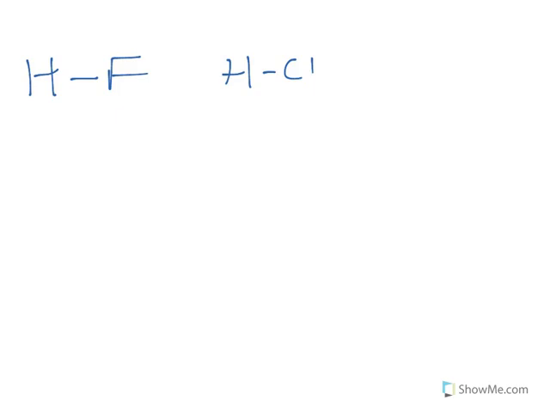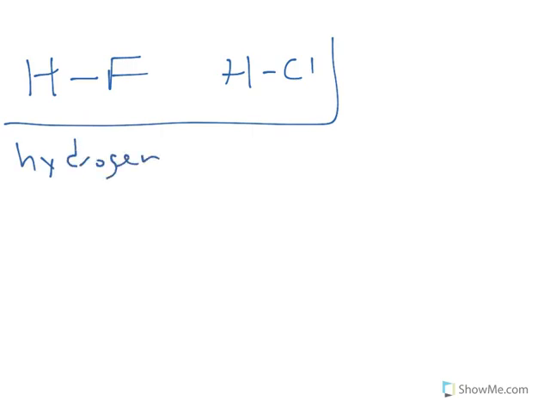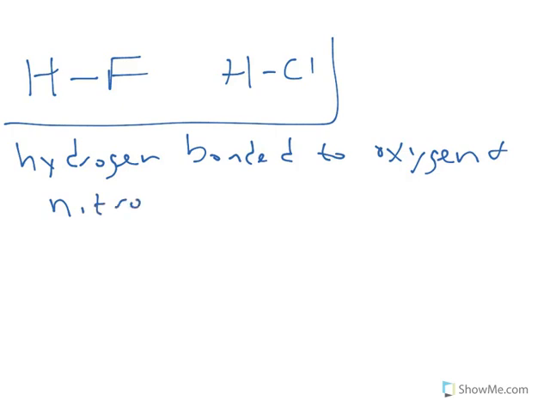Where things get fun is where you have hydrogen bonded to oxygen and nitrogen. So you may be asking, well, why are we just talking about these four elements? Fluorine, chlorine, nitrogen, and oxygen. Well, those are the four most electronegative elements on the periodic table. And what happens when you have hydrogen bonded to something like oxygen? And I'm not drawing the full molecular compound here. I'm just showing H bonded to an oxygen.